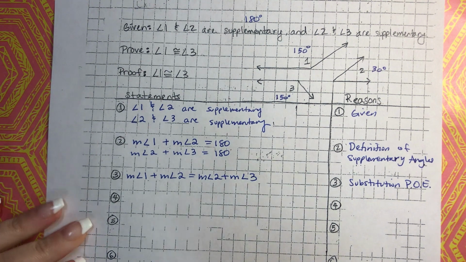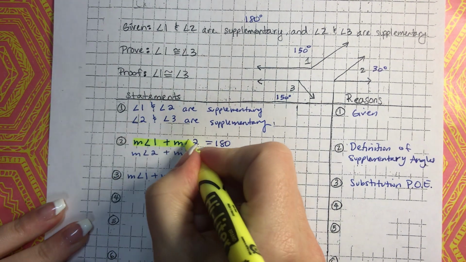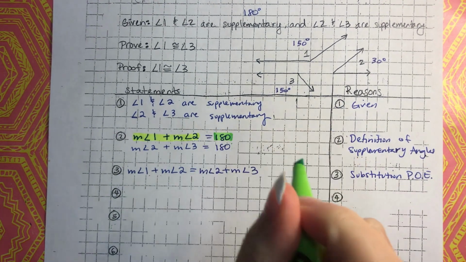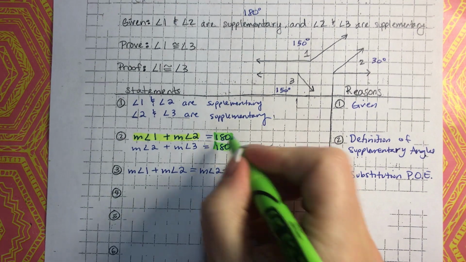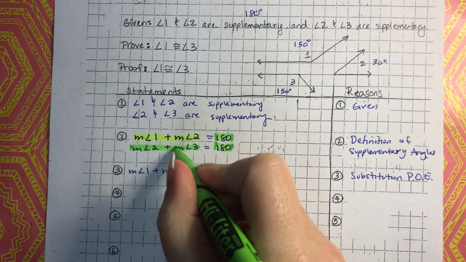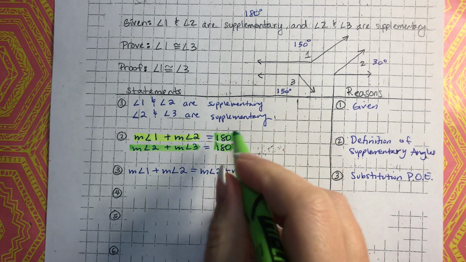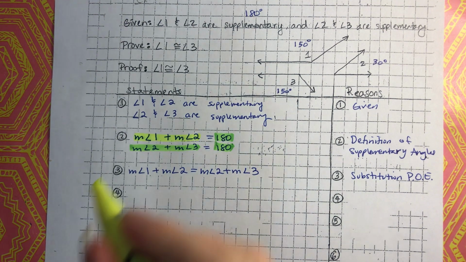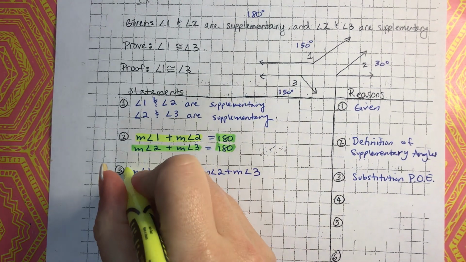So here we have the measure of angle 1 plus the measure of angle 2. That is equal to 180 degrees. And here is 180 degrees, and this is also equal to 180 degrees. So because this is equal to 180 degrees, I'm rewriting this again: measure of angle 1 plus measure of angle 2, right?